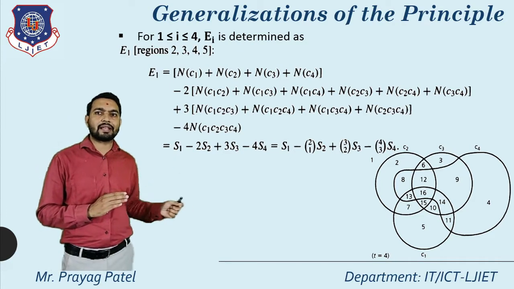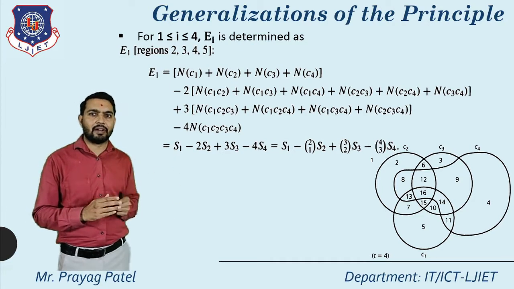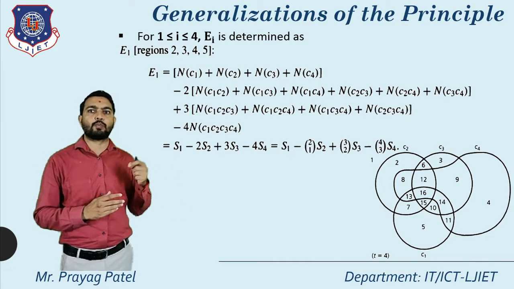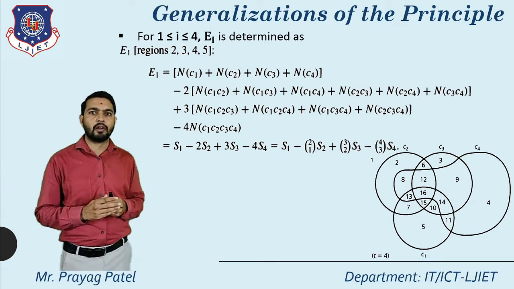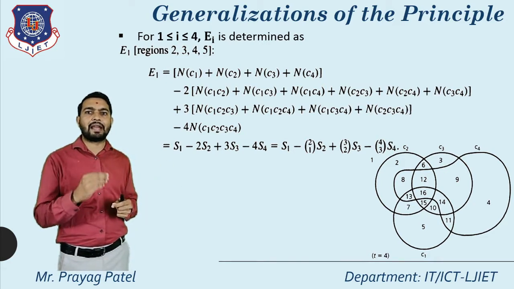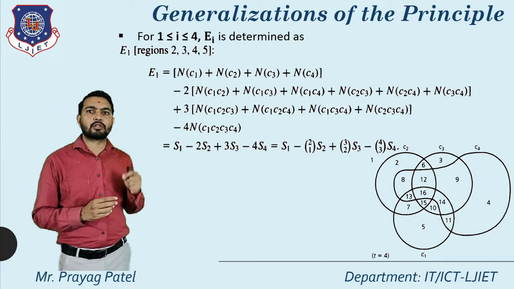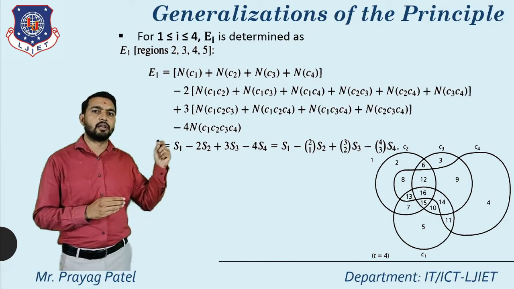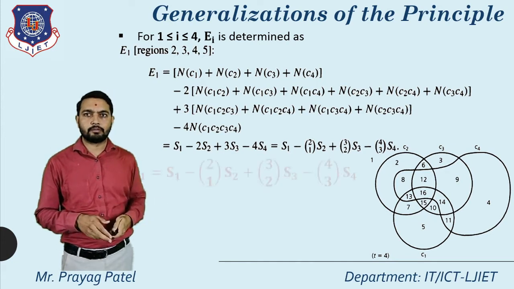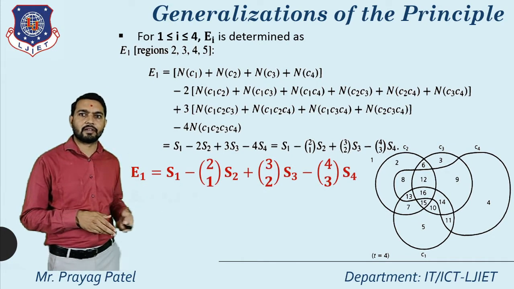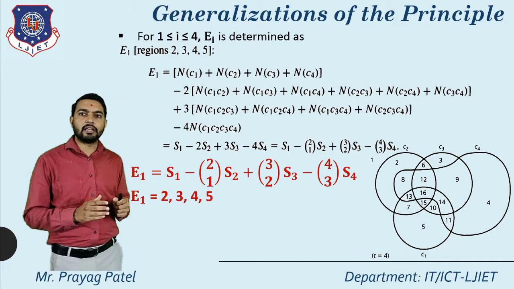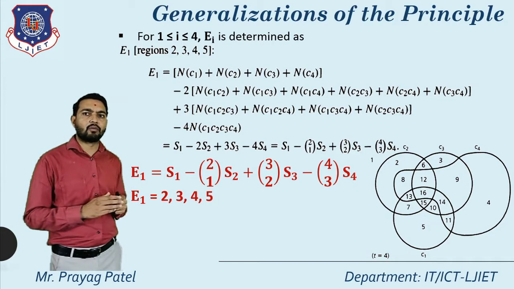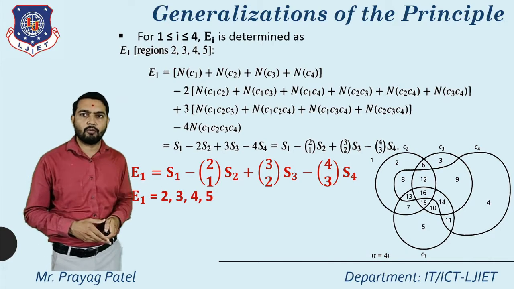Now according to S1, S2, S3 we can write E1 equals S1 minus 2S2 plus 3S3 minus 4S4, and we also write it in the form of nCr: S1 minus 2C1 S2 plus 3C2 S3 minus 4C3 S4. So we consider the equation like this, and in this formula E1 corresponds to the regions 2, 3, 4, 5.